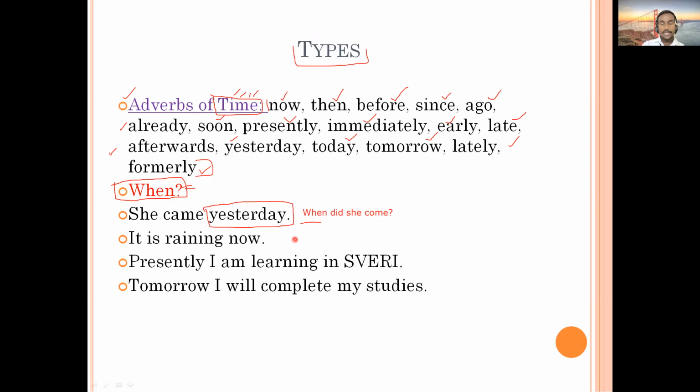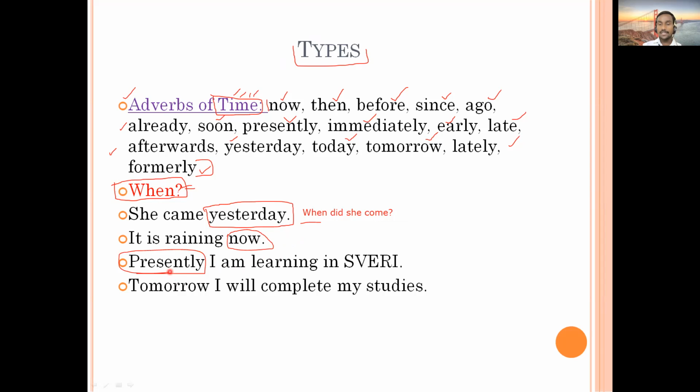Then the second sentence: it is raining now. In this sentence, it is now. Next, presently I am learning swimming. In this sentence, it is presently.